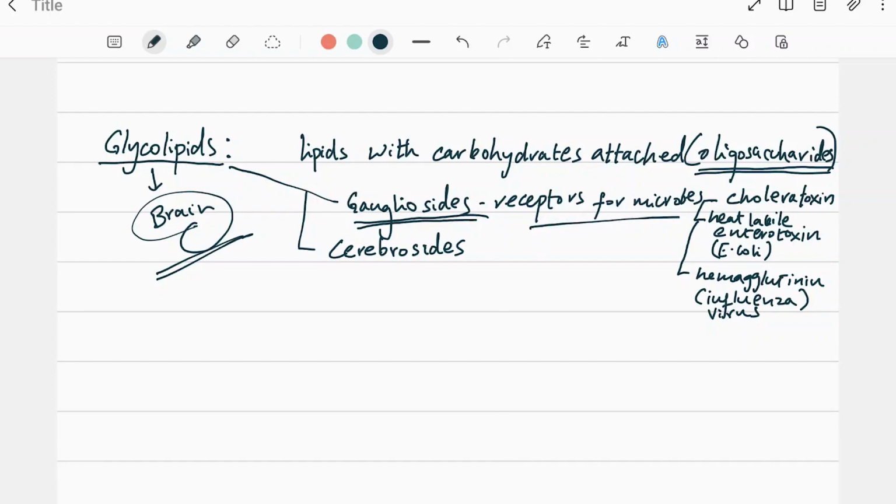Sometimes microbial entities like cholera or E. coli or the influenza virus play a role in attacking our body by sticking to these gangliosides. For example, cholera toxin, the heat labile enterotoxin or LT toxin from E. coli, or even the hemagglutinin from the influenza virus, they all bind to these gangliosides on your cell membrane.